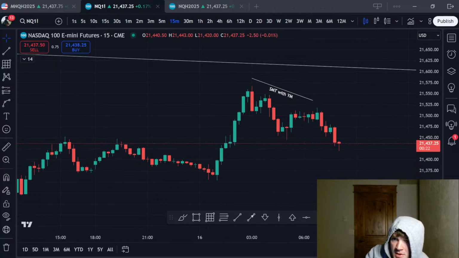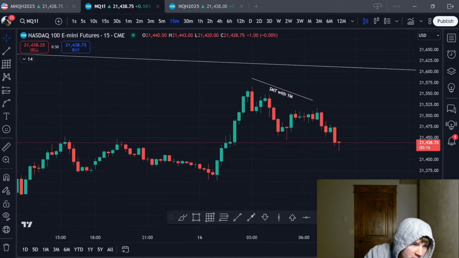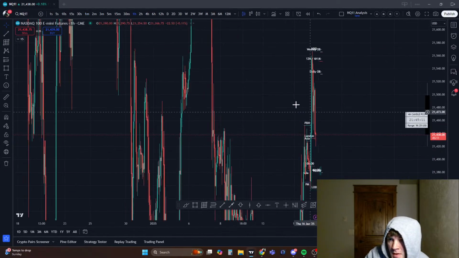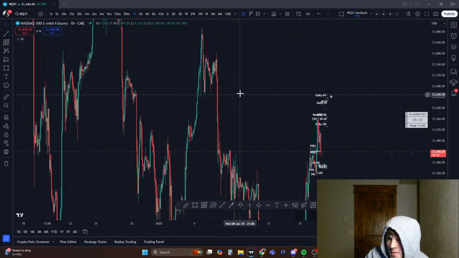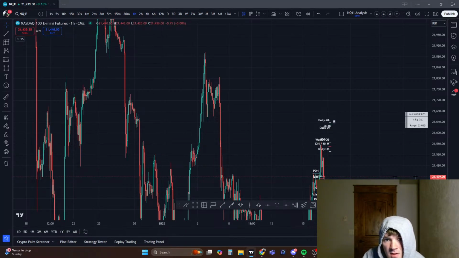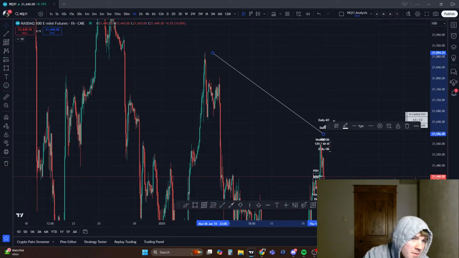Let's mark out both of those SMTs on the other chart because I'm not keeping them on this chart. Okay. So SMT with YM with these highs over here. These highs. Oh, let's check and see if it was sequential. Let's do that real quick.